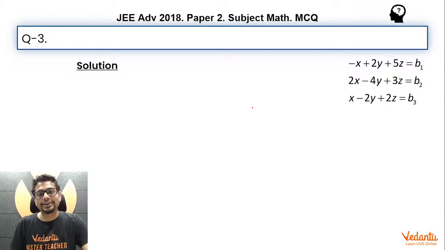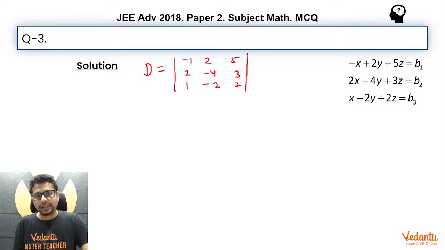The first thing that we'll see is this determinant, which is formed with columns being the coefficients of x, y, and z of these three equations respectively. Clearly this determinant is 0. Why? Because column 1 and column 2 are proportional. If you multiply every term of column 1 by minus 2, you get column 2.